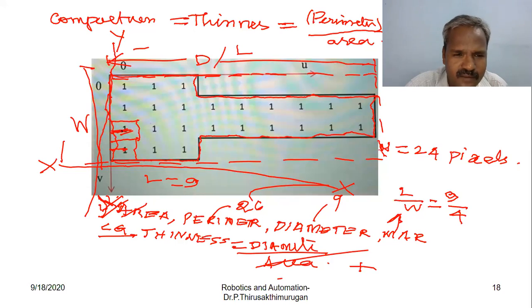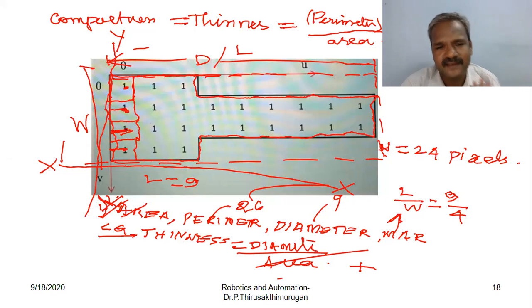Same, 0.5, 1/2. Similarly for all pixels we have to find the individual middle point, individual center of gravity point. How many pixels are here? 4, sir. 4 into 1/2, am I right? 2, sir.